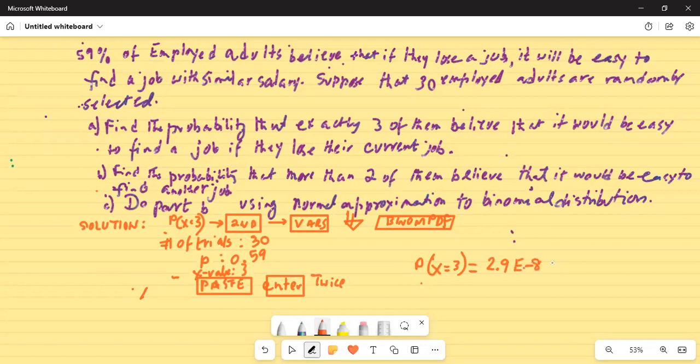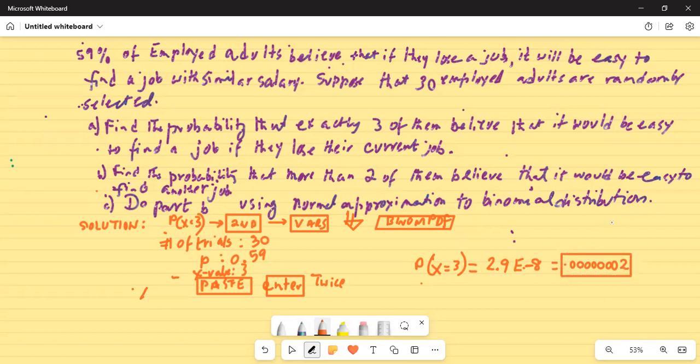What does it mean? In practical sense, the number 2 will be in the 8th place after the decimal. 5, 6, 7, and then 2. That's your answer. It's almost zero probability.